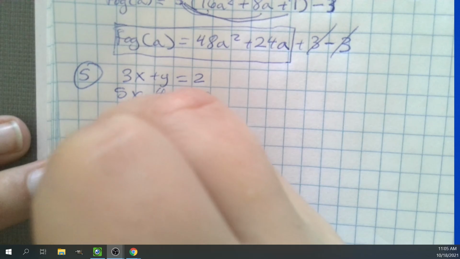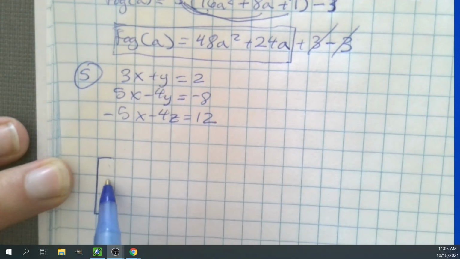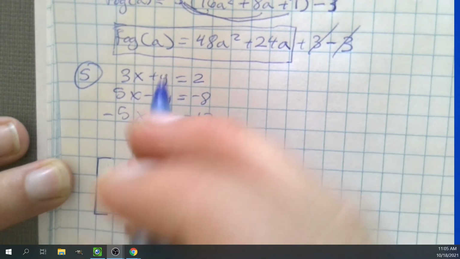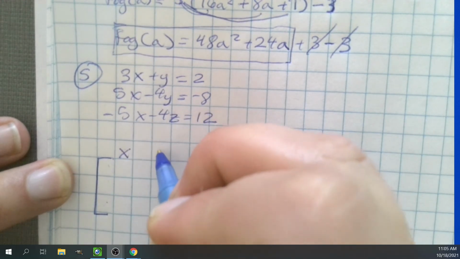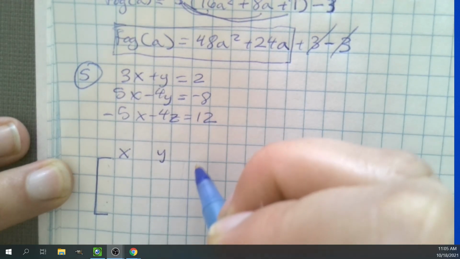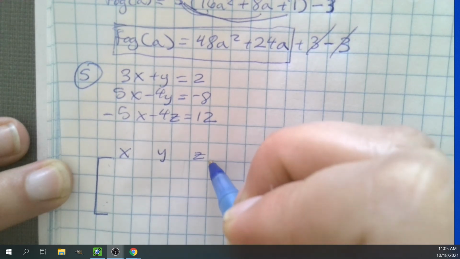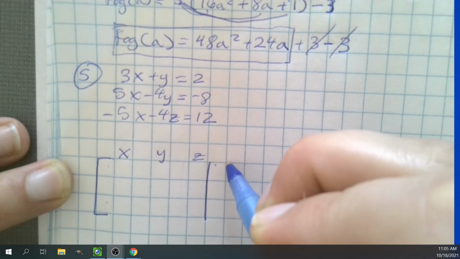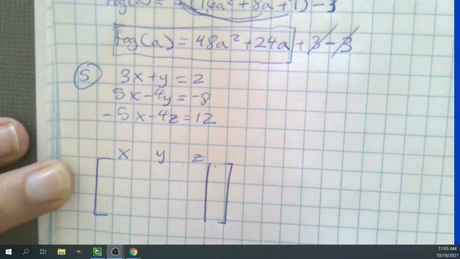I would skip 2 lines. I would have 3 rows like this. I would label one x, skip a column, y, skip a column, z. I would draw a line right here and close this here.